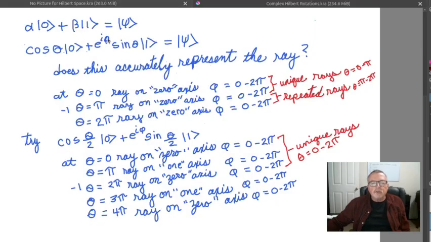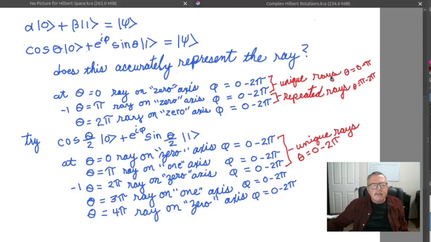Each one of those should be a unique ray. Remember this, ray. Okay, let's go down here. Let's try to see if this works. Theta between 0 and pi, we get unique rays.